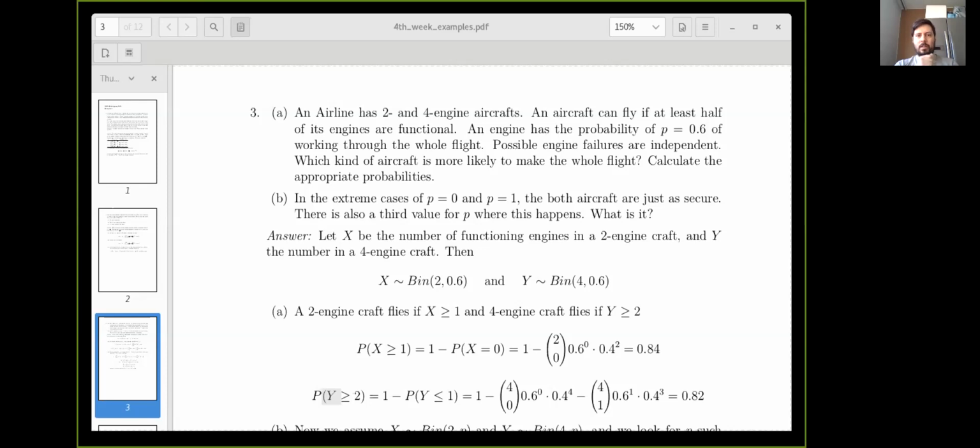So let's look at this. I mean, B was the extremal case where P is equal to 0 or P equal 1. Both have the same success rate. If it's 0, then neither of them will ever fly. And if it's 1, neither of them will ever fail. In between, there is a third value where this happens.